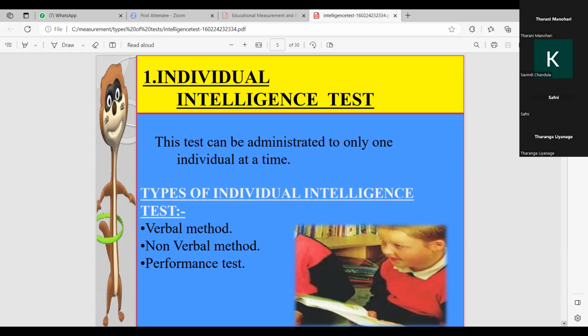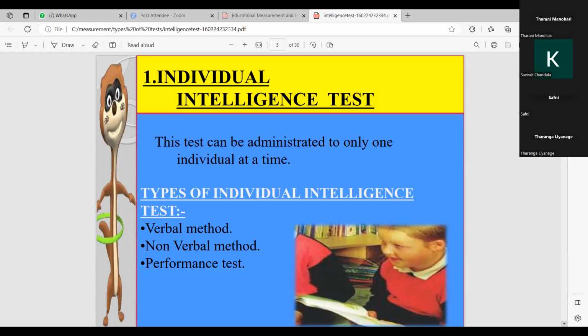And the third type is the performance test. That's where we give them a task. Right? You give them an engine which is not working and ask them to repair it in this number of minutes. Or we give another task to be completed within a given time.